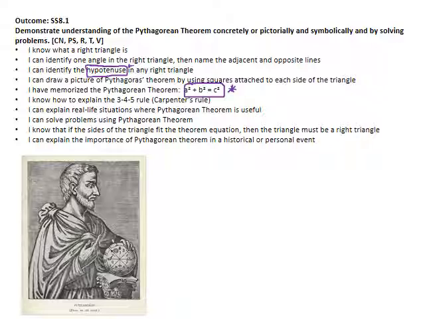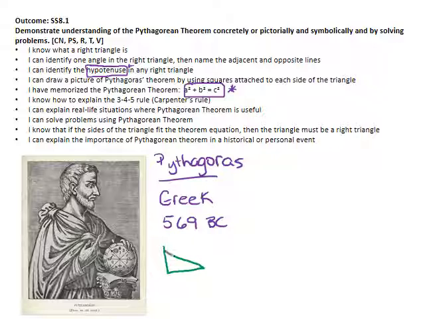So let's talk a little bit about this guy down here in the bottom. Pythagoras, he was a Greek philosopher and mathematician, one of the very first, because he was born in something like 569 BC, a long time ago. So although his theory about Pythagorean theorem, which was all to do with right triangles, 90-degree triangles, that one was pretty good.